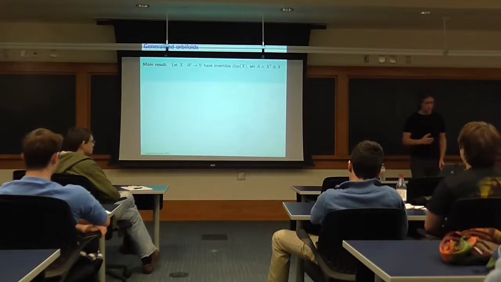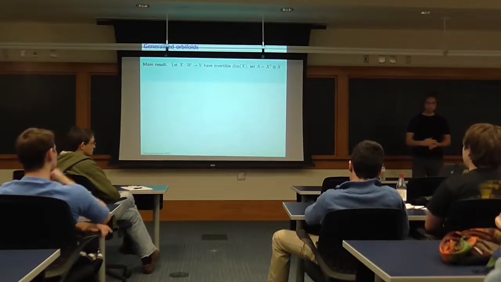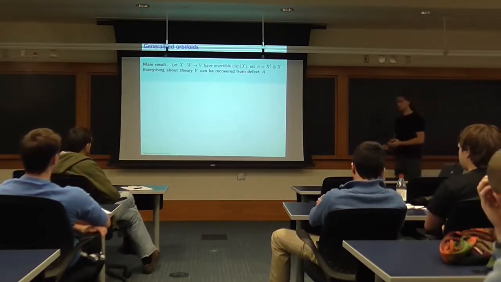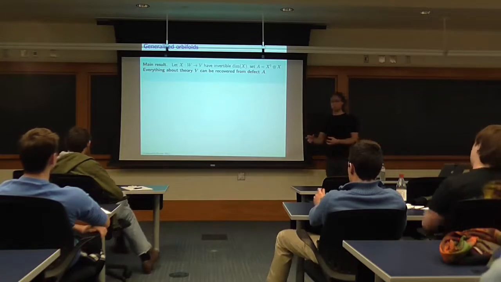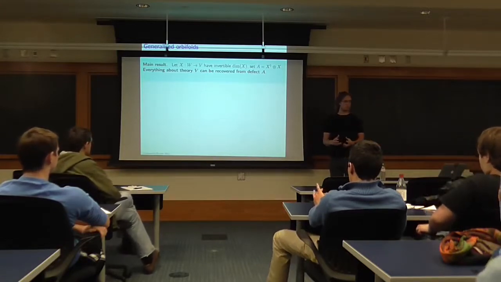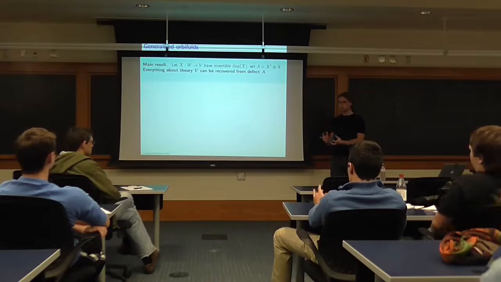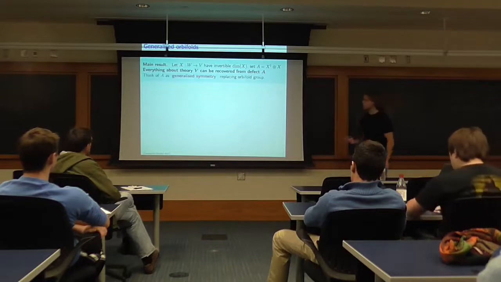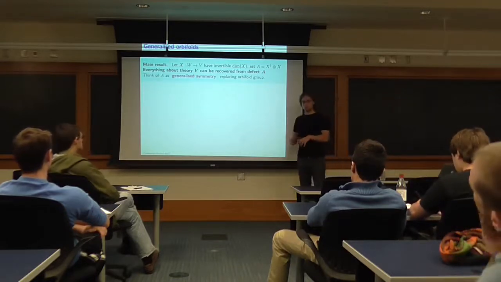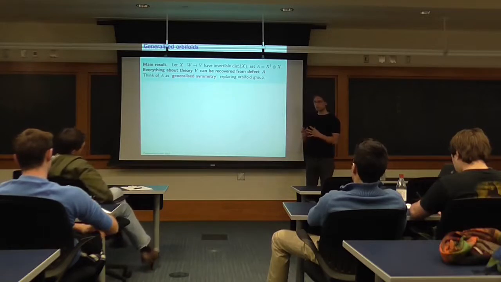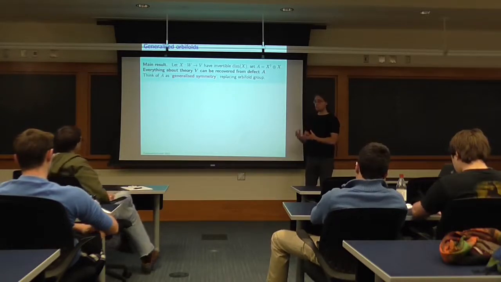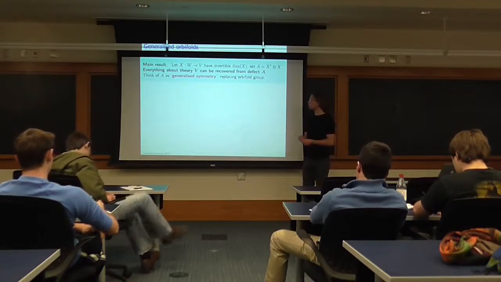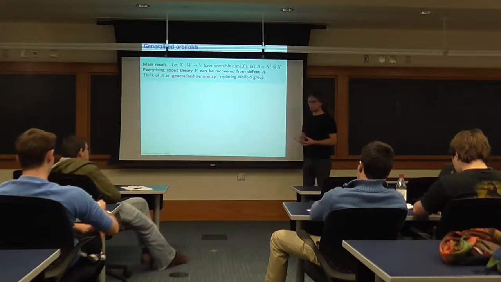Now, if there is such a defect A coming from an X which has invertible quantum dimension, which is the only condition, though it's a strong condition, then everything about the theory V, so the other theory, can be expressed and computed in terms of only the theory W and this defect A. And as we will see, one way to think of this A and why this is possible is to realize that A is a generalization of an orbifold group, or takes the place of an orbifold group or a symmetry group in a certain generalized way.